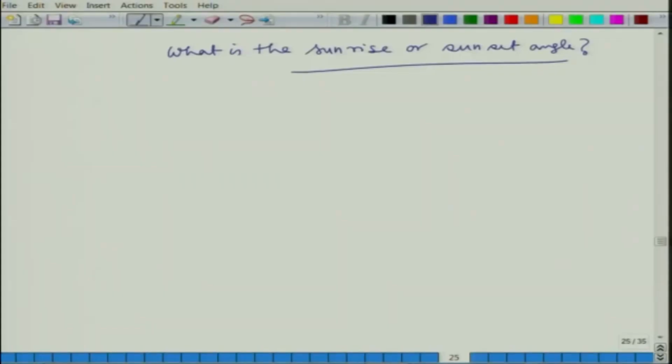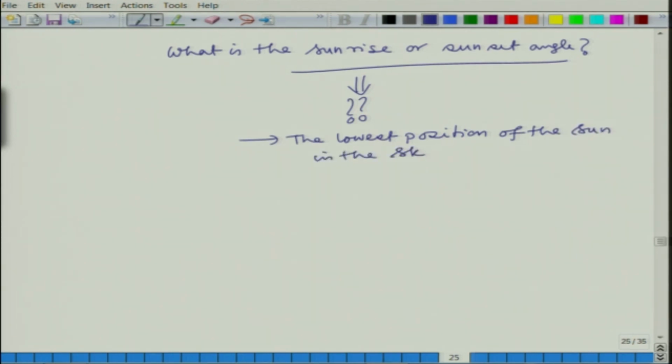So, the sunrise and sunset angle, first of all, what do they mean? They mean the lowest position of the sun in the sky. Lowest position means at the horizon, not horizontal, but at the horizon.